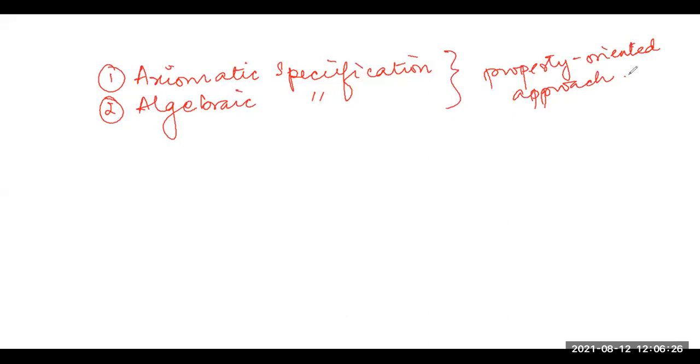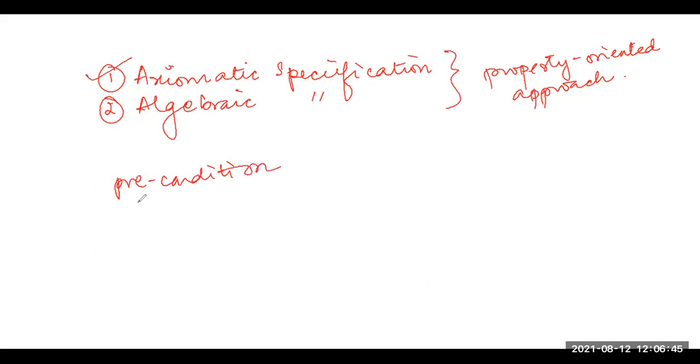and then it is used to specify the operations of the system in the form of axioms. I am talking about axiomatic specification, and I will give an example to understand.